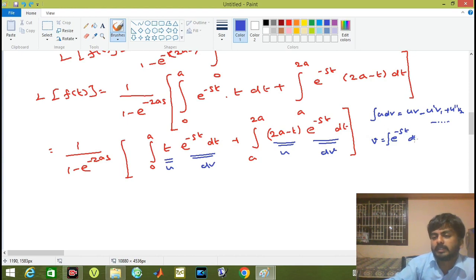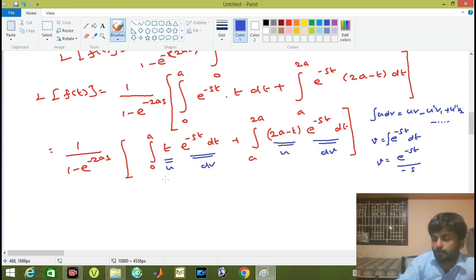So integral of e power minus st dt is equal to e power of minus st divided by minus s. This is our v. So each and every time you have to integrate this v and you have to differentiate u.